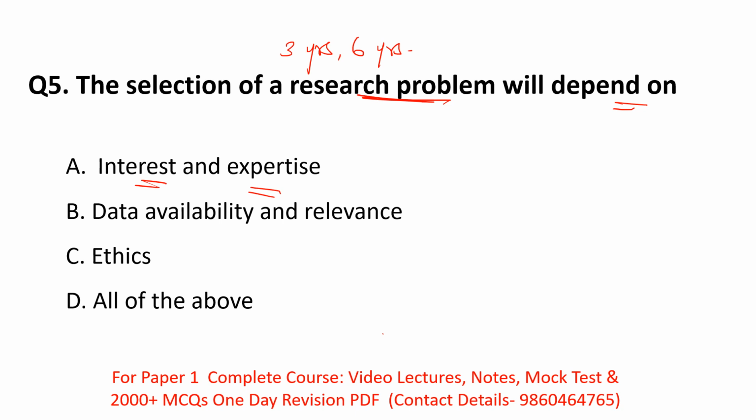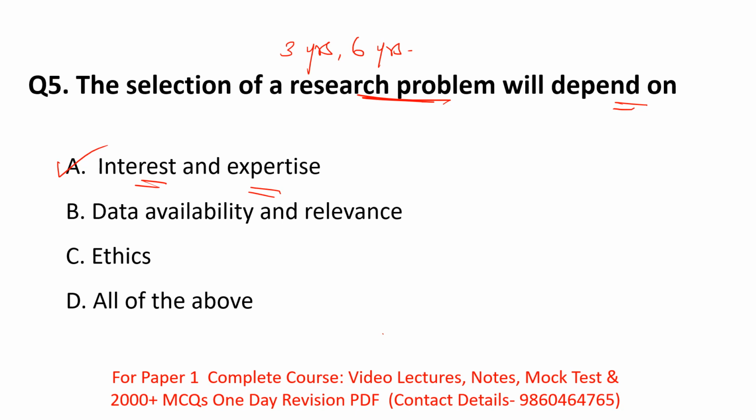Expertise means whatever research problem it is, you should have some knowledge about that field. So interest and expertise means experience, how expert you are in that field and on your research problem. So yes, interest and expertise affect your selection of a research problem.